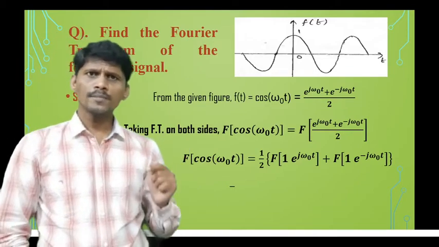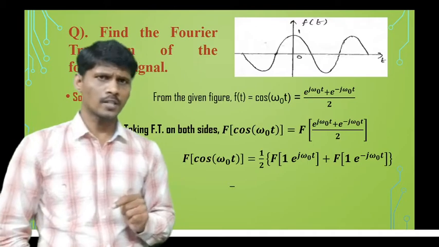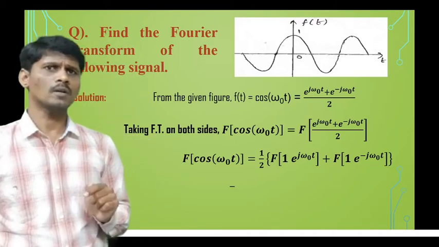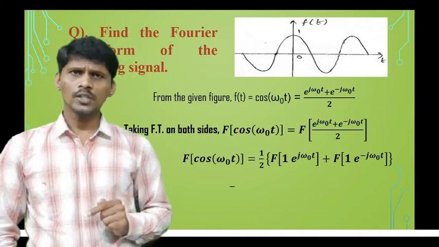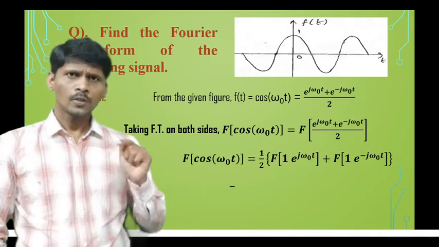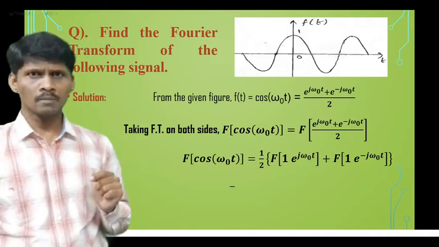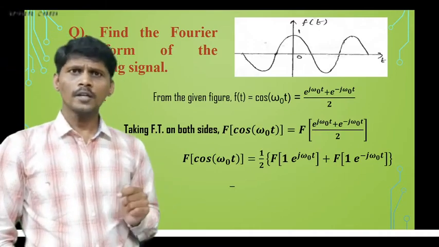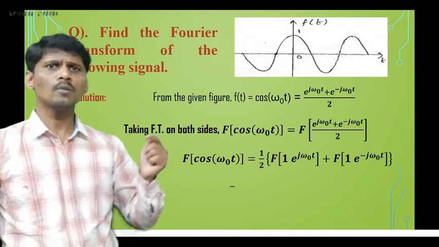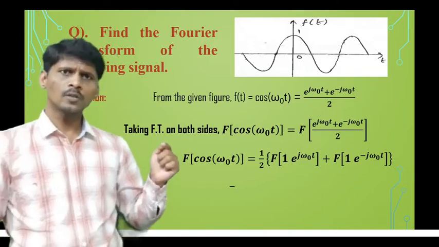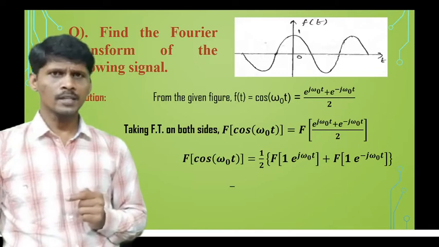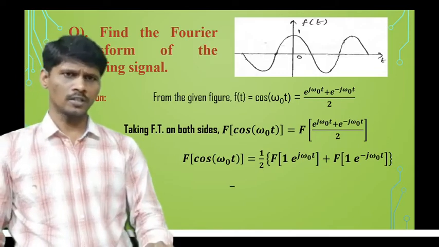Using the frequency shifting property, the Fourier transform of 1 into e power j omega naught t is 2 pi into del of omega minus omega naught, and the Fourier transform of 1 into e power minus j omega naught t is 2 pi into del of omega plus omega naught.